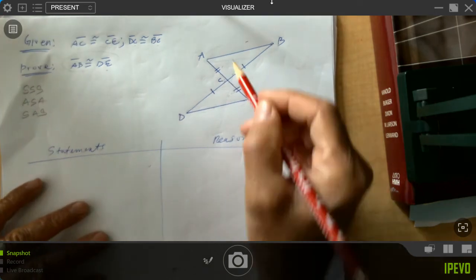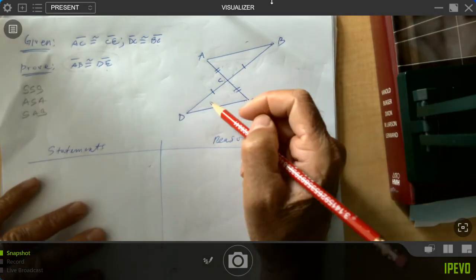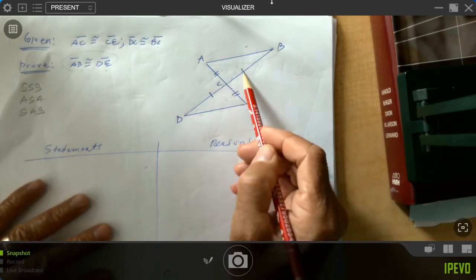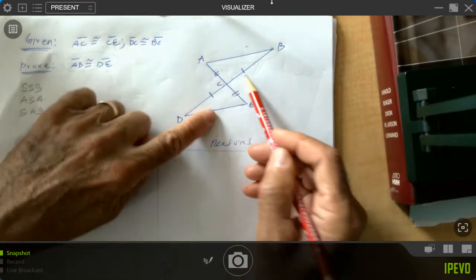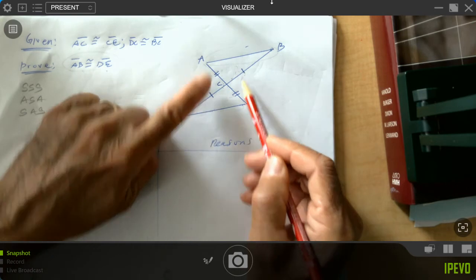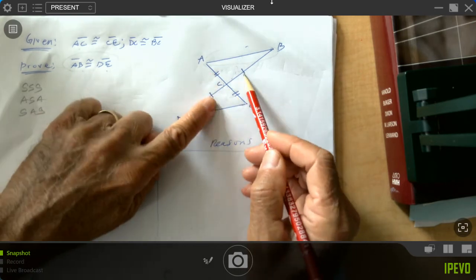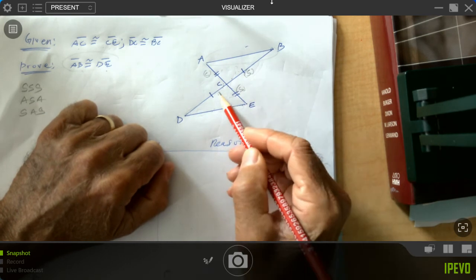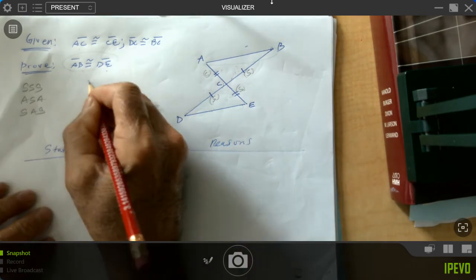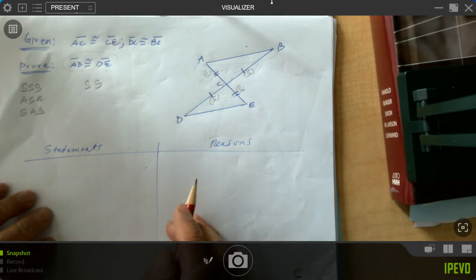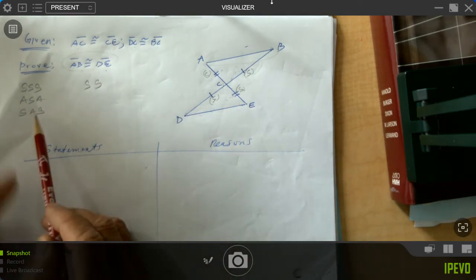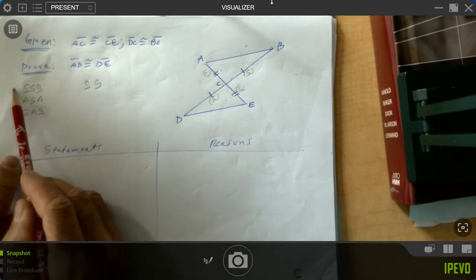So look at the problem, spend a few seconds marking everything off. Notice what we have. We have a pair of sides and another pair of sides. So there's one pair, there's another pair. So what we have so far is two sides. We need a third pair. So that means it's either going to be this one or this one.